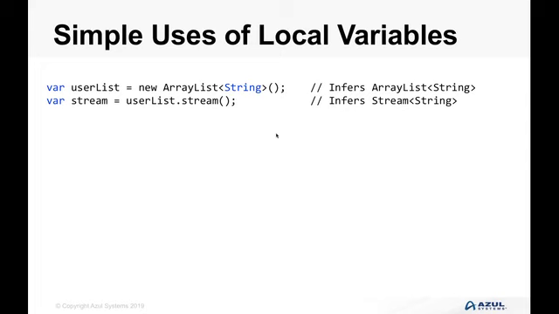Because the user list is of type string, then the stream that's inferred will be a stream of type string as well. We can use var in our for loop where we're iterating over the user list. And once again, because the user list is an array list of type string, the compiler will be able to infer correctly from that var name, in that case, is going to be a string name.